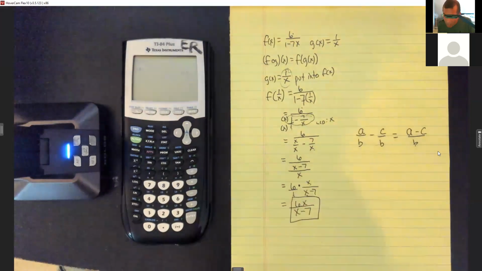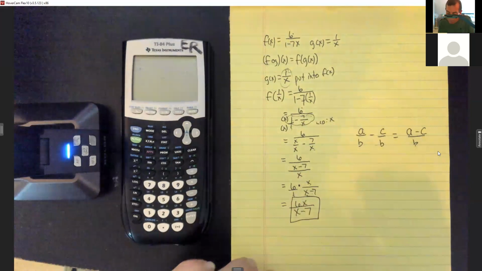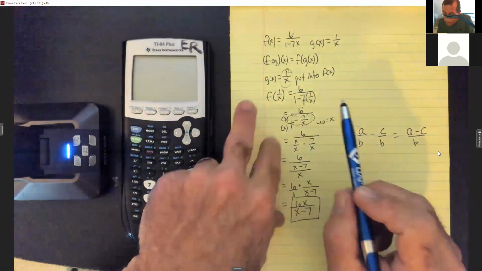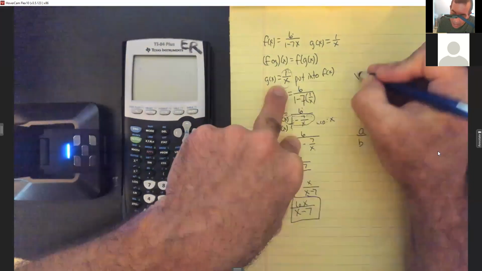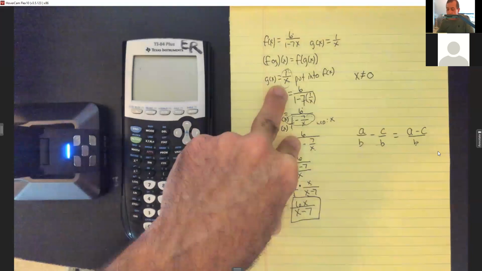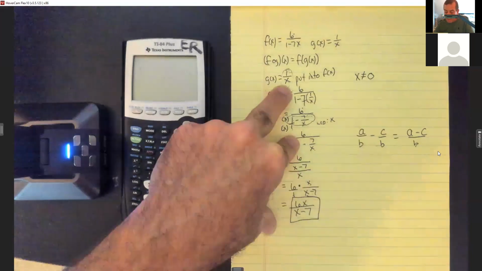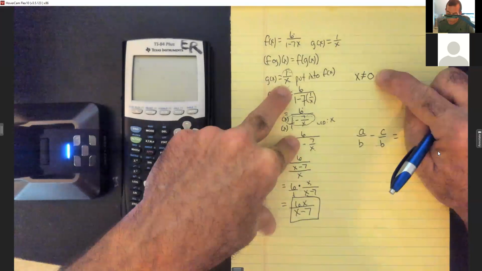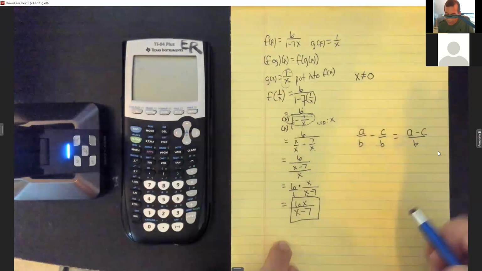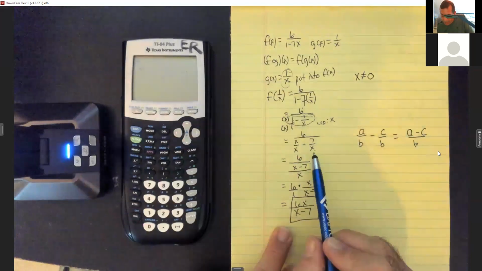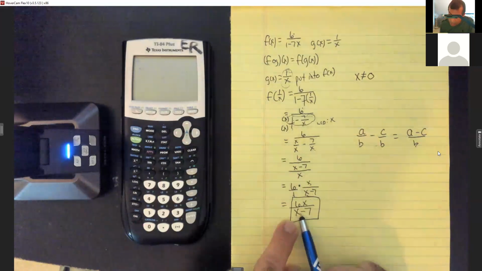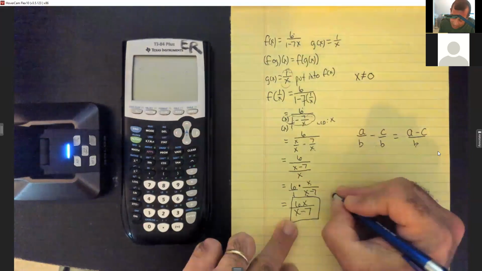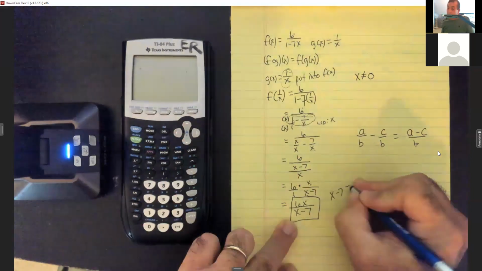So my domain, well, I first started off with a 1 over x. At that point, that x cannot equal 0. So since it's a single variable, the only number I'm worried about is 0. Now notice, I'm still worried about the 0, but when I get down here, I got an x minus 7 on the bottom of this fraction, and x minus 7 cannot equal 0.